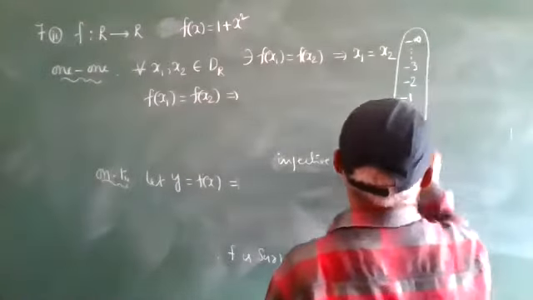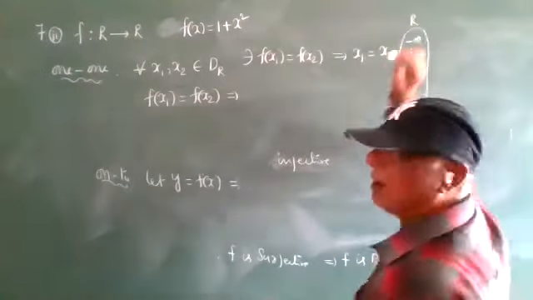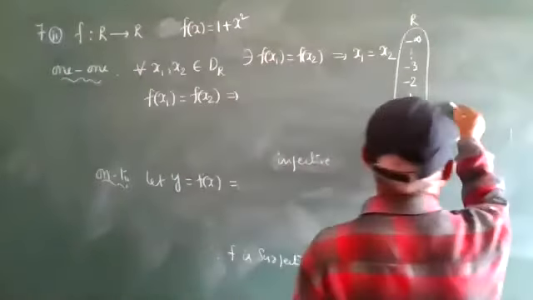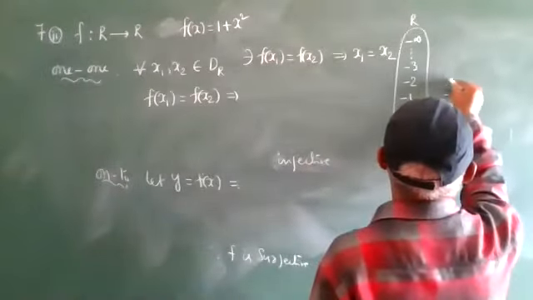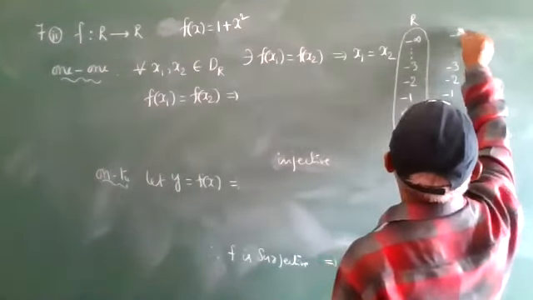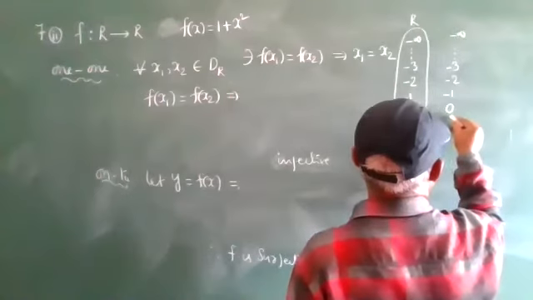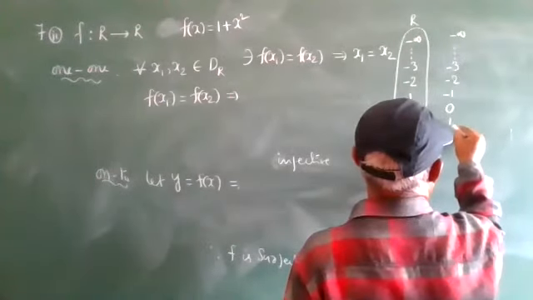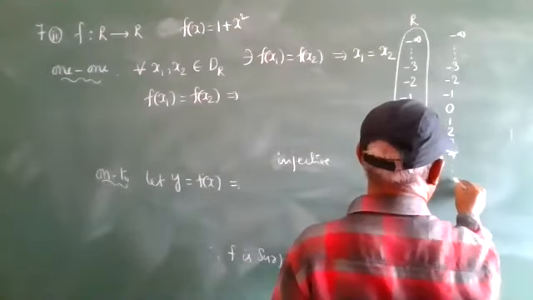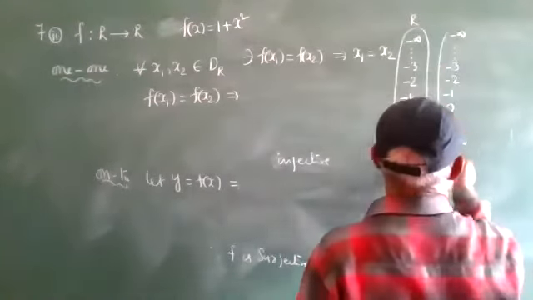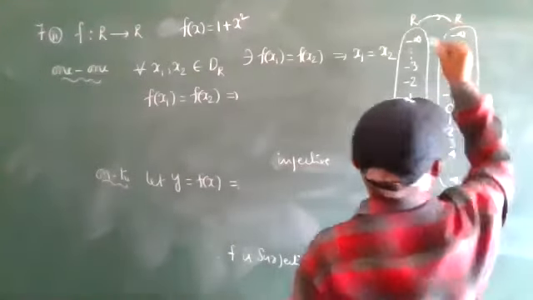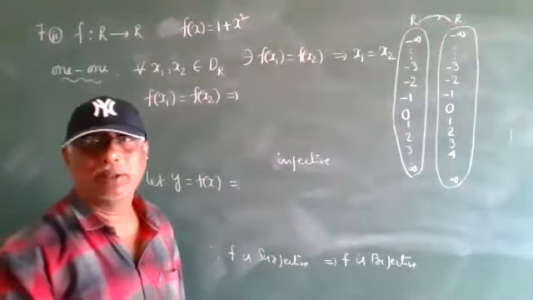This is the domain R. Codomain also: 0, minus 1, minus 2, up to minus infinity, and 1, 2, 3, 4, up to plus infinity. This is the codomain R. R to R is the relation.